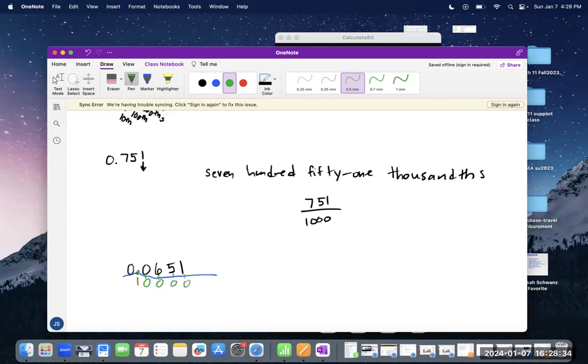The decimal is gone, and now we can write that number as a fraction, 651 over 1,000.